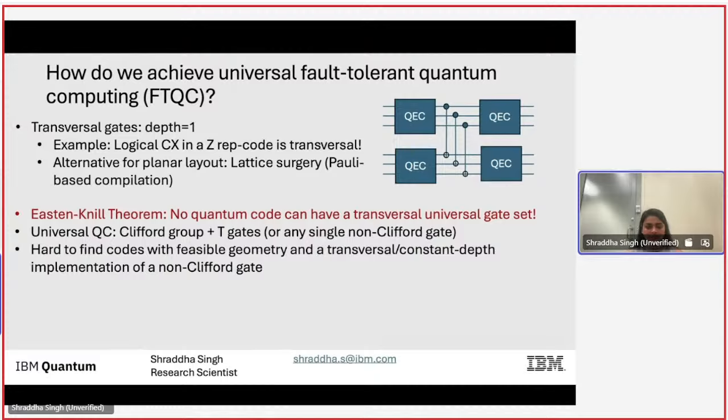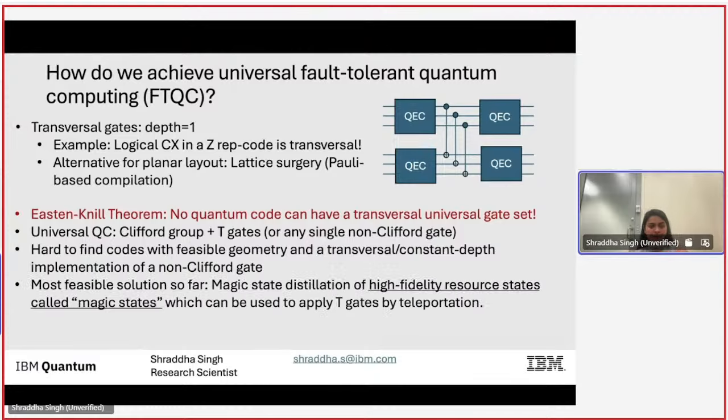So that brings us to the final piece of jargon in the fault-tolerant quantum error correction picture. It's basically the idea of making something called the magic state, which can be used to teleport a non-Clifford gate. So what you do is you make a state with very high fidelity, which can be used with Clifford gate sets to apply a T gate or a non-Clifford gate.